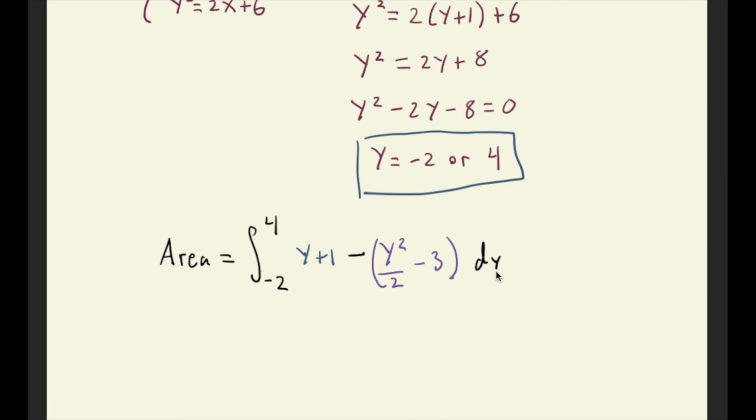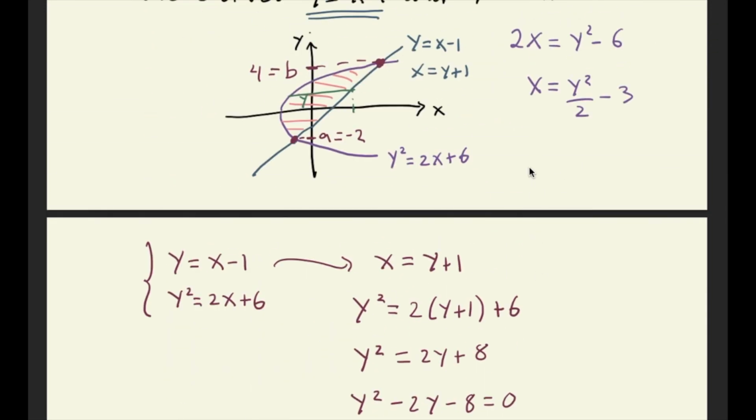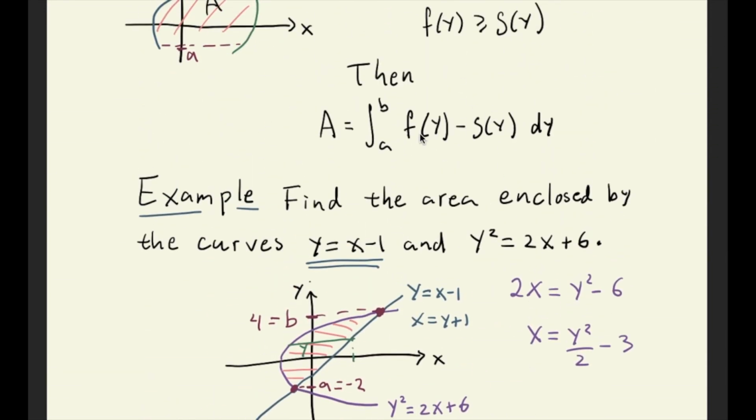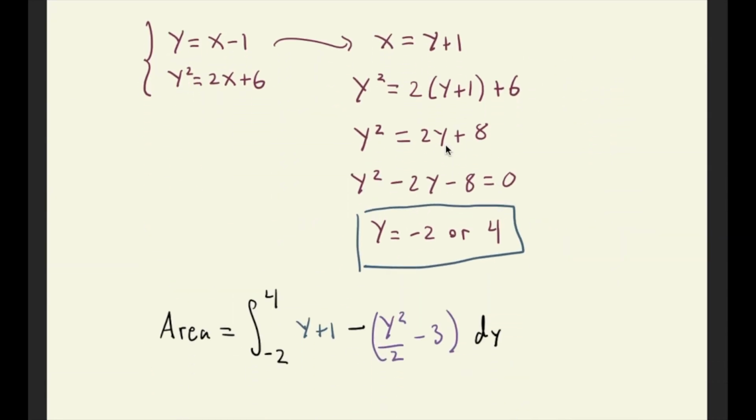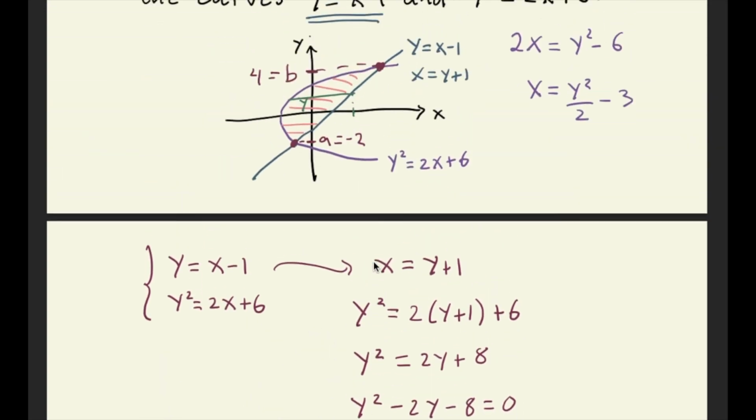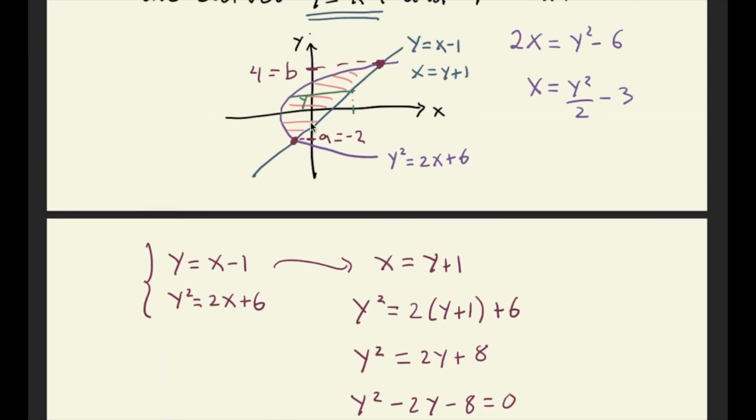All right, so this is this formula here, f of y minus g of y. This is f of y, this is g of y. The blue function was on the top, it was more to the right. And then you just need to take the x value over here minus the x value over here. You're going to get this length, which is the width of the base of this rectangle.